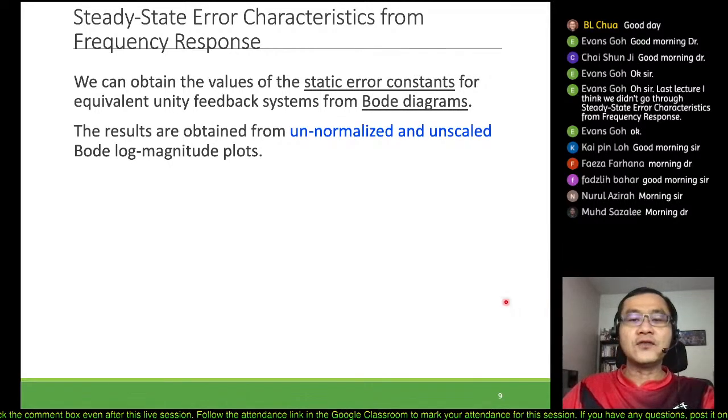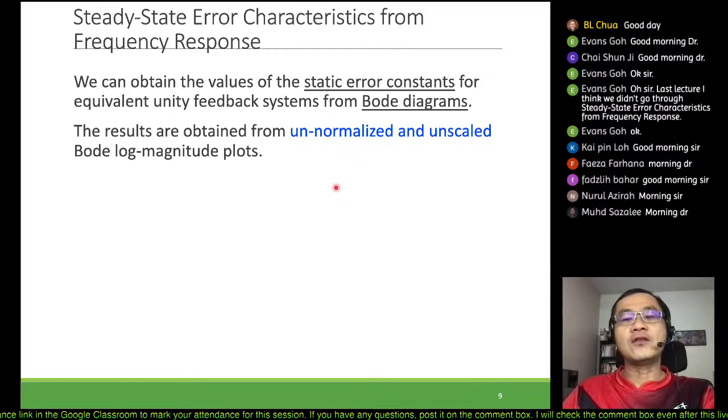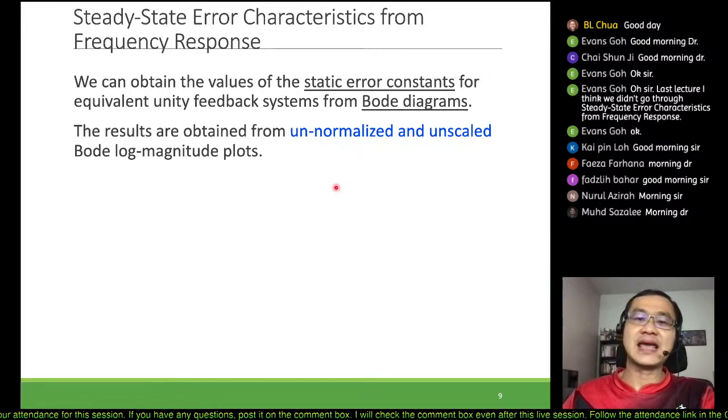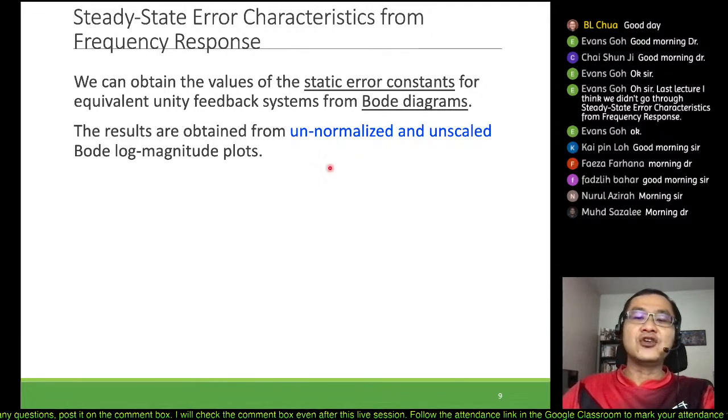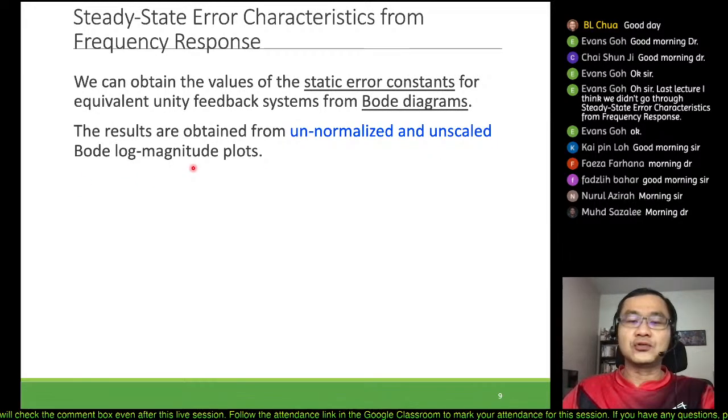All right, in order for us to observe this steady state error in the form of a static error constant, which is the kp, kv, ka, you have to use the unnormalized and unscaled log magnitude plot, right?